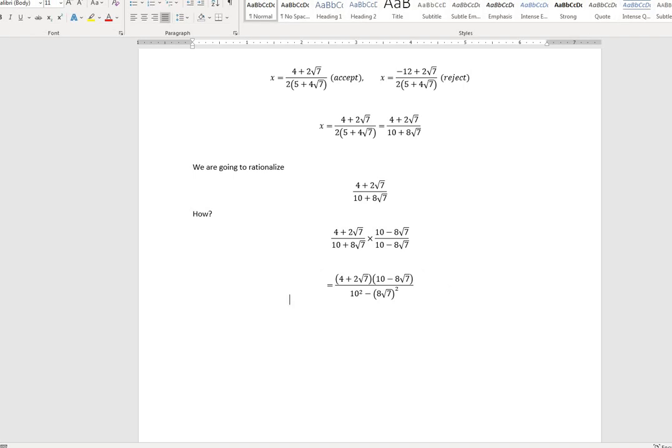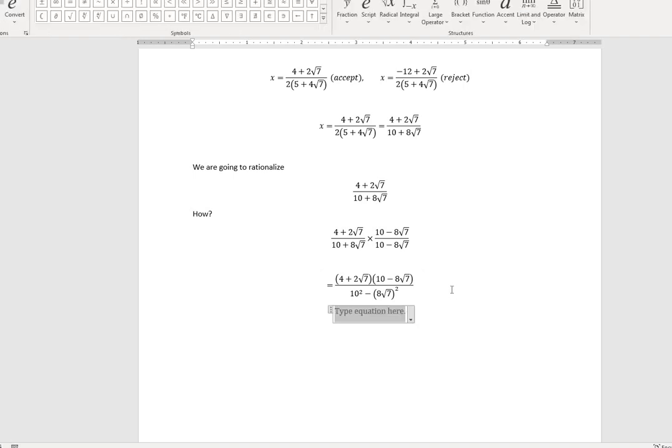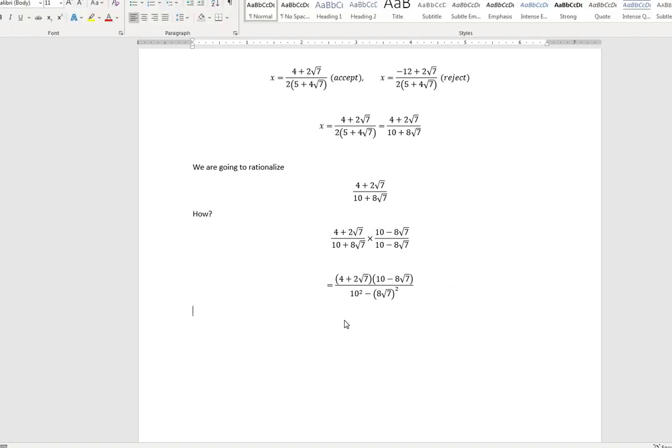Alright, and then tidy up, guys. Then you will get, when you expand all of this and simplify, you will get this one. Negative 72 minus 12 square root 7 over negative 348. Then make sure you factor out the negative 1 and also cancel the negative 1 at the denominator.